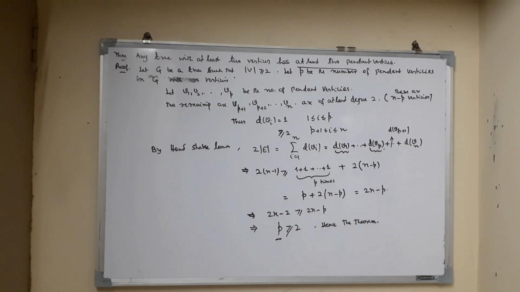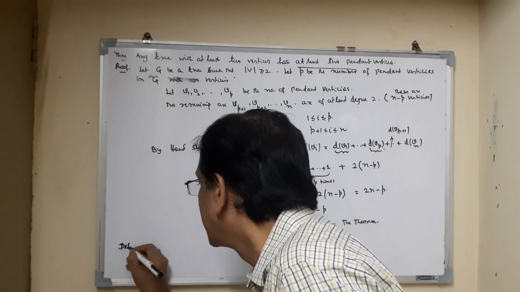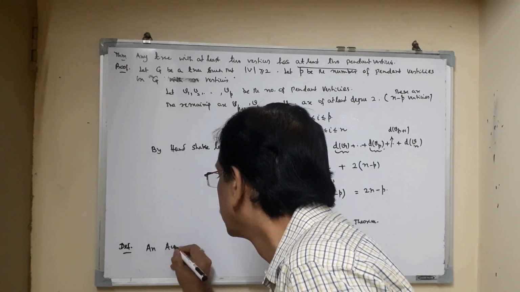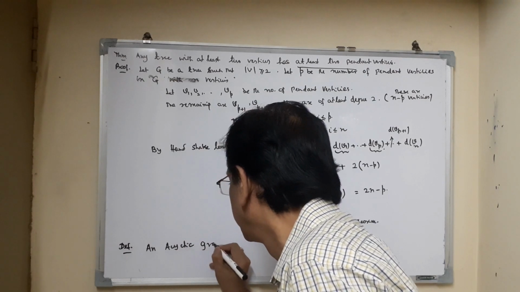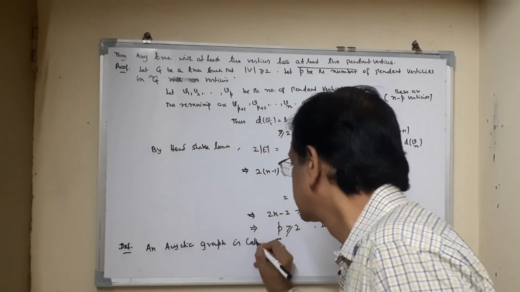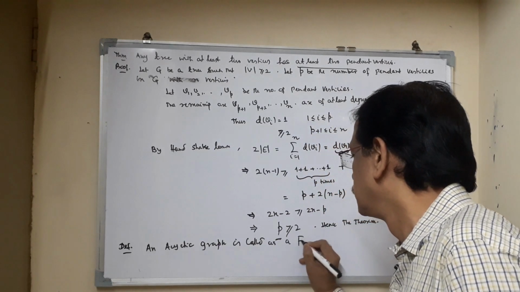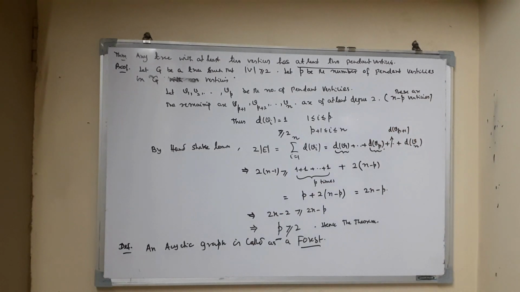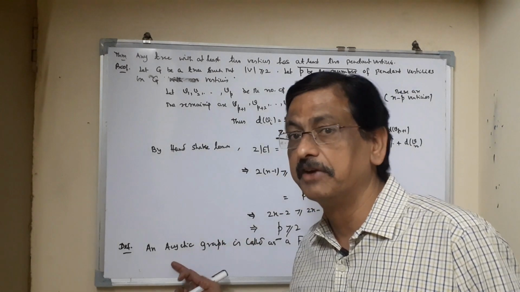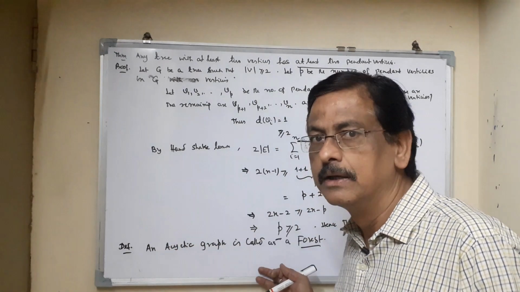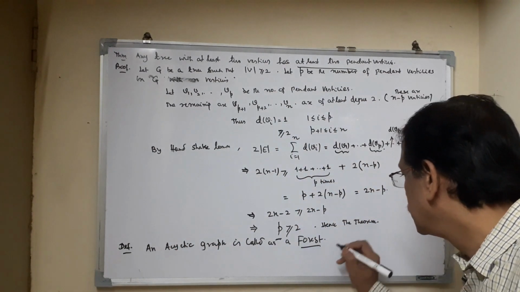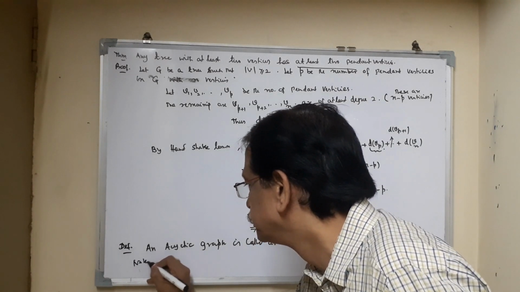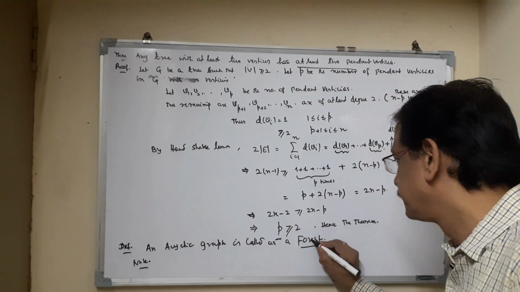Now I would like to introduce another definition. An acyclic graph is called a forest. Simply acyclic, there is no connectivity requirement. If it is a connected acyclic graph, it becomes a tree.